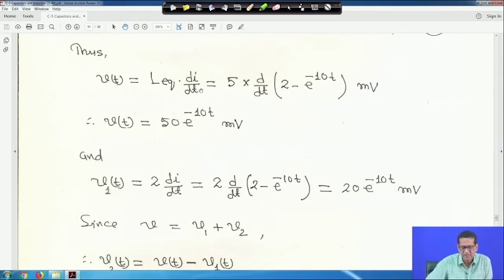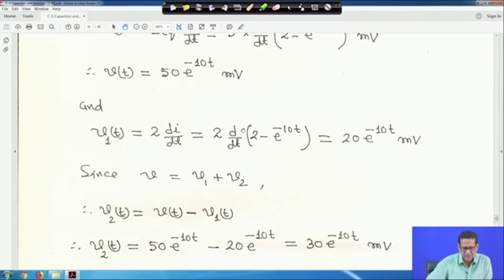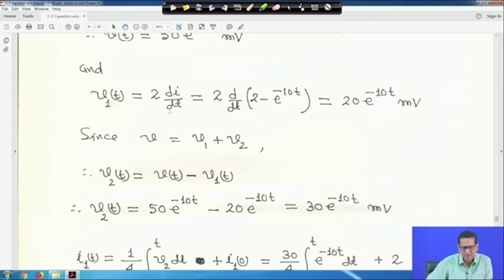So v(t) is equal to Leq di by dt. Leq is 5 and i is equal to 2 minus e to the power minus 10t, so if you take the derivative, v(t) is equal to 50 e to the power minus 10t millivolt. Now v1(t) will be 2 into di by dt.